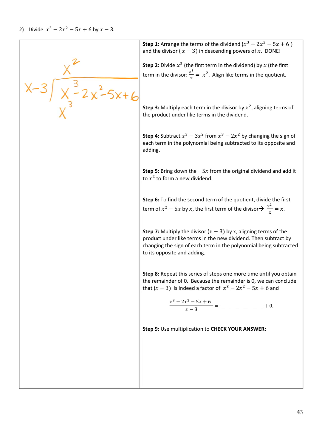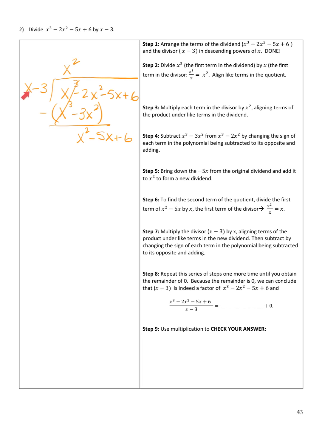X squared times negative 3 is negative 3x squared, and I subtract. So x cubed minus x cubed is 0. Negative 2x squared minus negative 3x squared. So negative 2x squared plus 3x squared is x squared, and then I'm going to bring down the minus 5x plus 6, and then I start again.